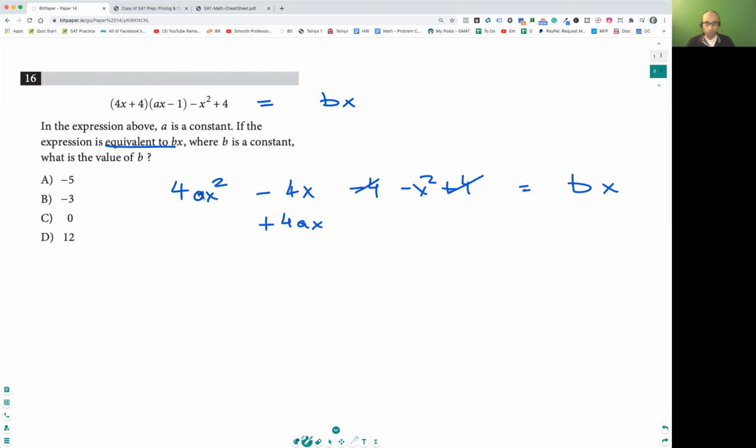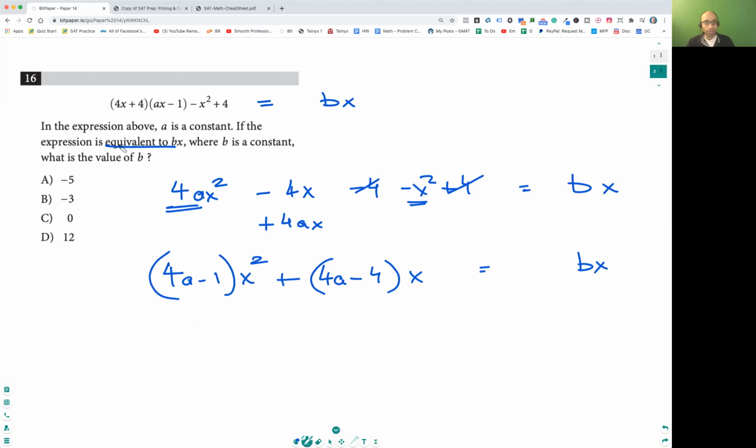So I'm just going to group all of these terms. You've got 4ax squared minus x squared, so I'm going to group these together, 4a minus 1, x squared. Now I'm going to group these together, where you get 4a minus 4, x. And that is equal to bx.